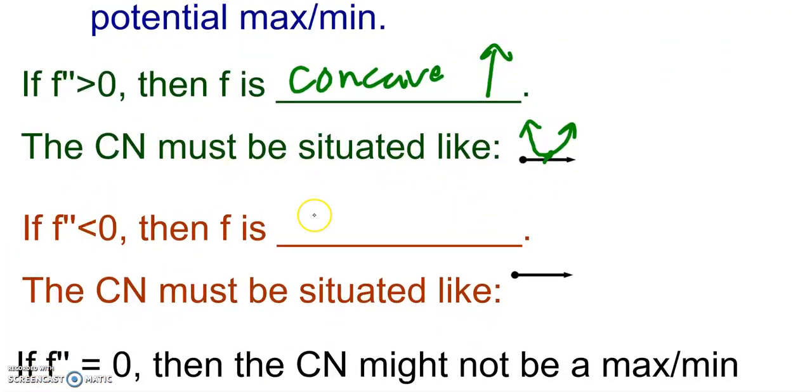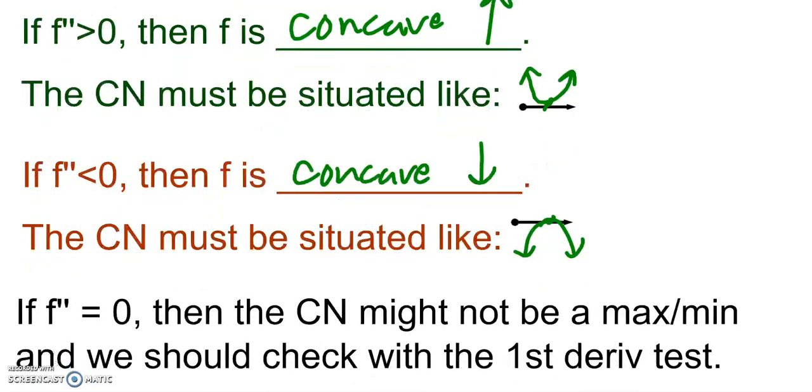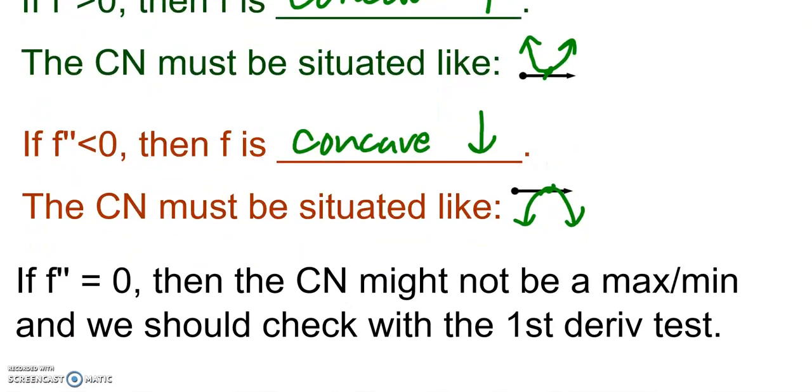If the second derivative is less than 0, then it is concave down, and therefore the critical number must be situated like this on our horizontal tangent. And if the second derivative equals 0, the critical number might not be a max or min, and we should check the first derivative test.